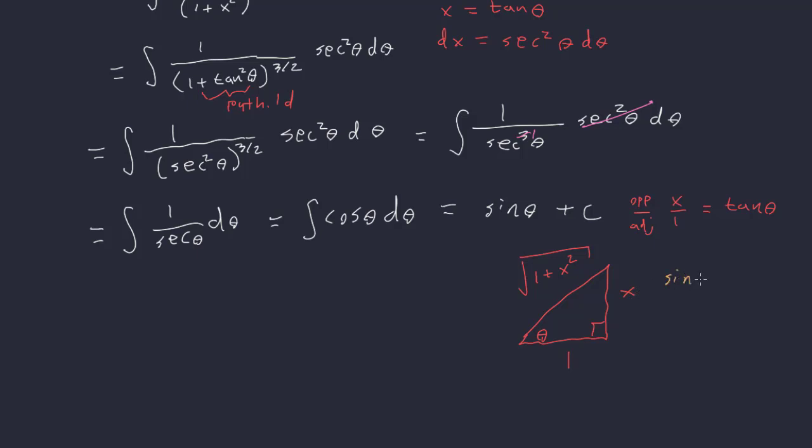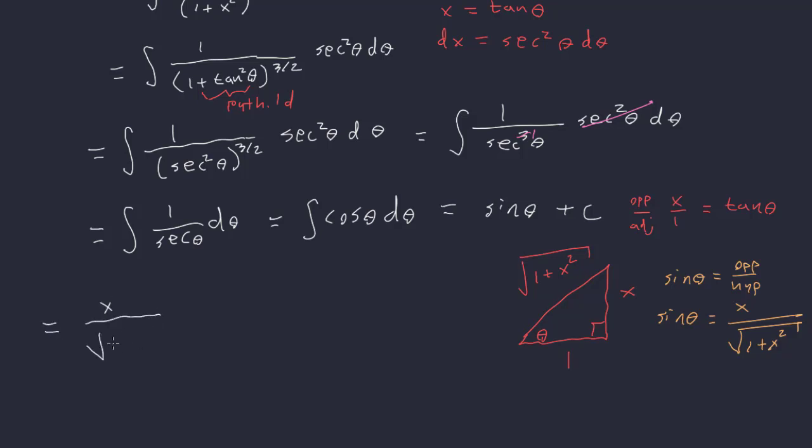So now I need to know sine. Well, sine is the side opposite over hypotenuse. So we needed the hypotenuse to be able to get this. So sine theta is going to be x over the square root of 1 plus x squared. And when we put that in, that's going to be our final answer.